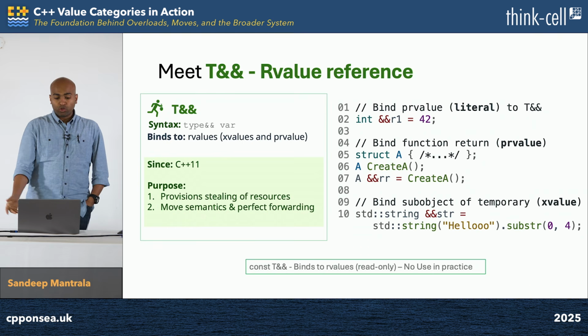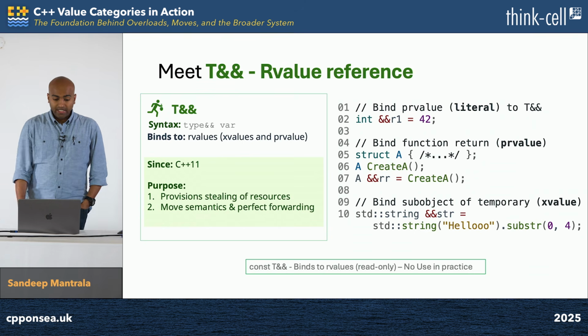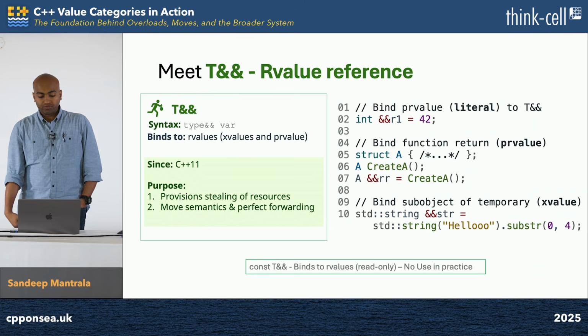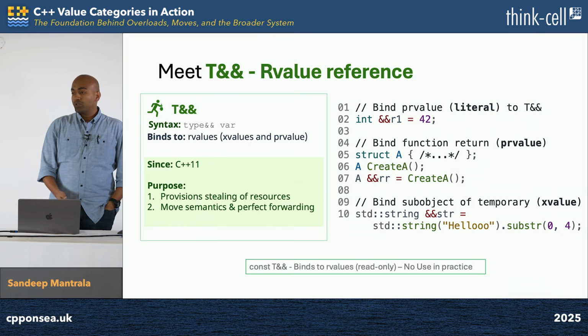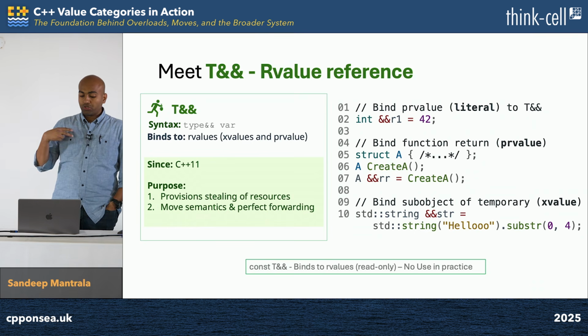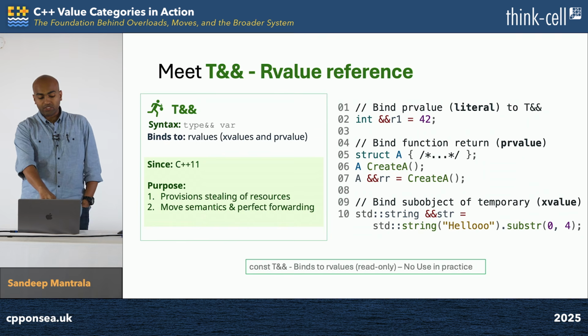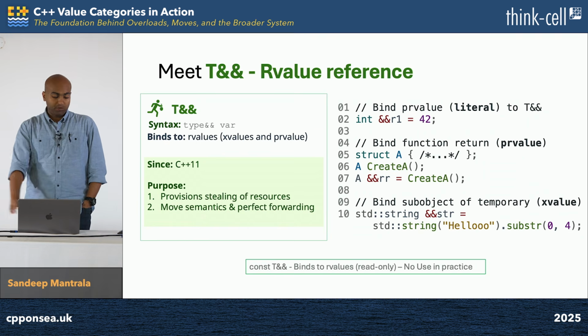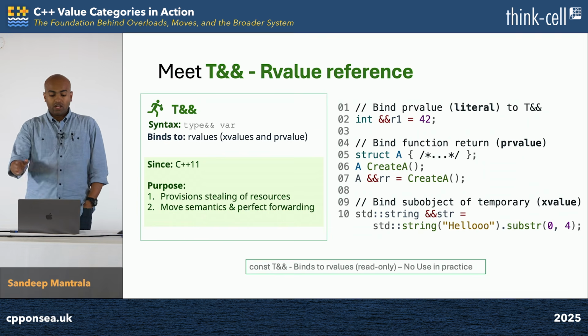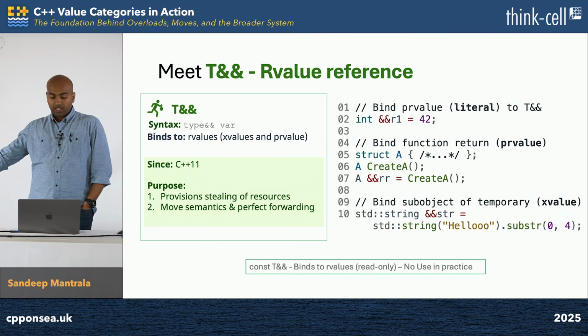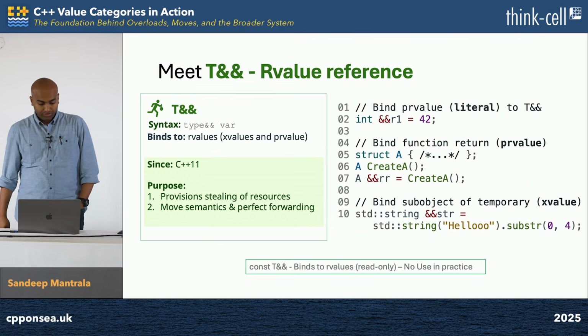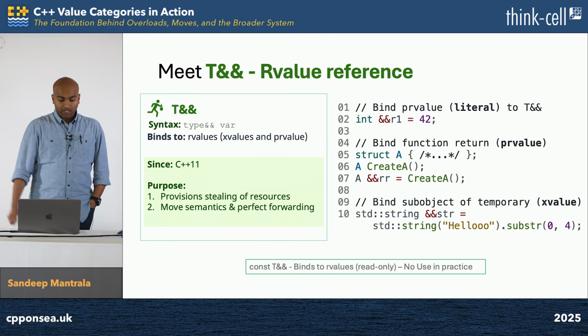Prior to C++11, you could not write anything like line number 7, but if you just had a copy from createA, then we would have two copies of A, which we don't need anymore now.